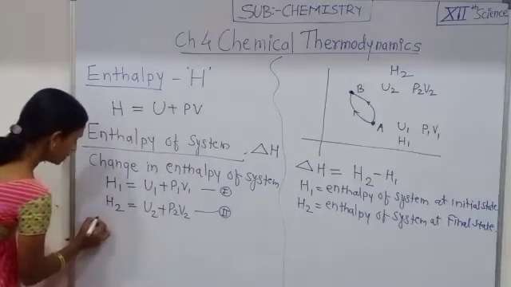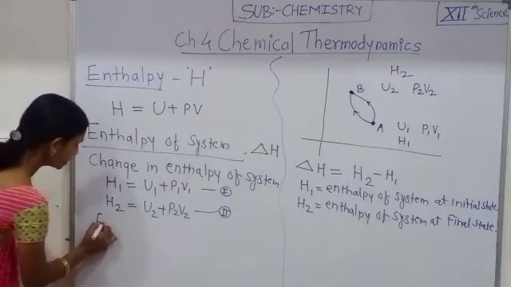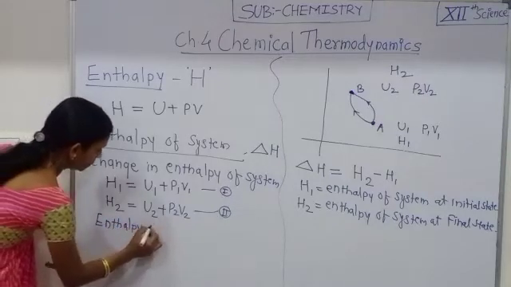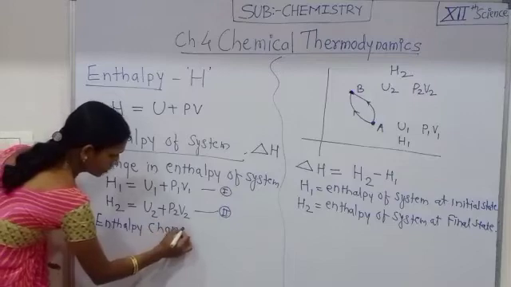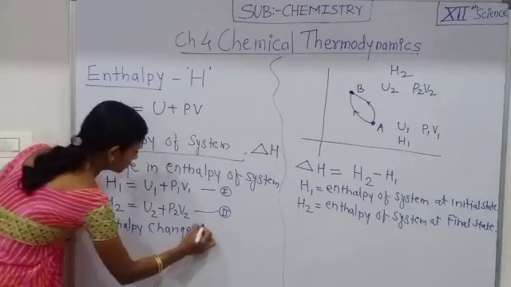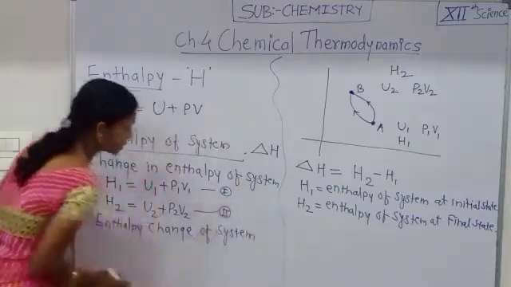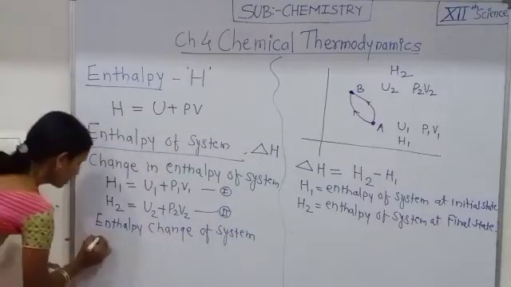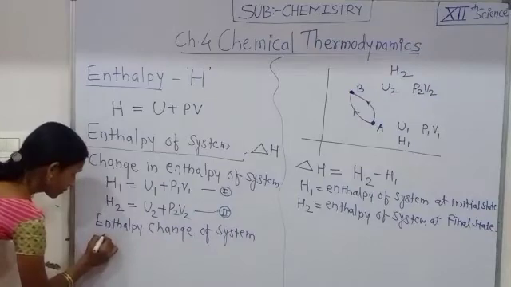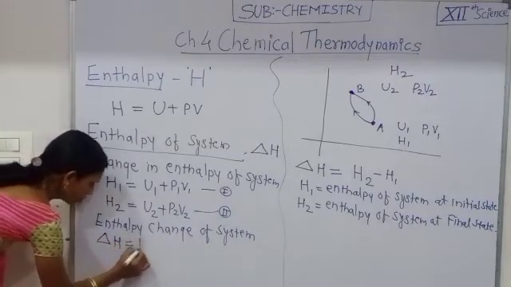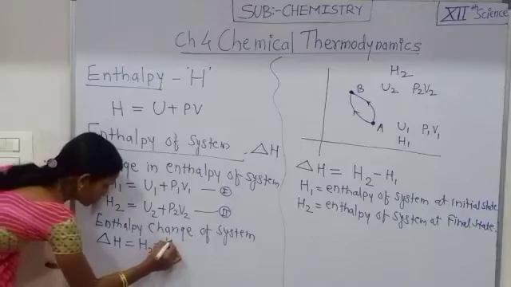Then we can calculate the enthalpy change of the system, or the process which takes place in the system. That is, delta H is equal to H2 minus H1.